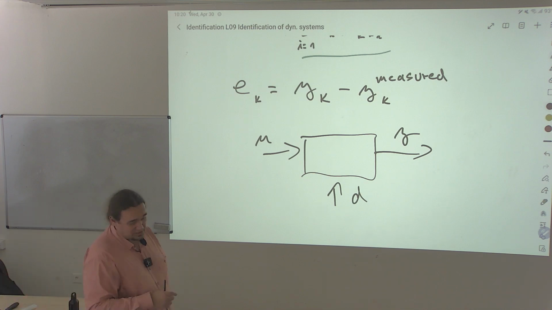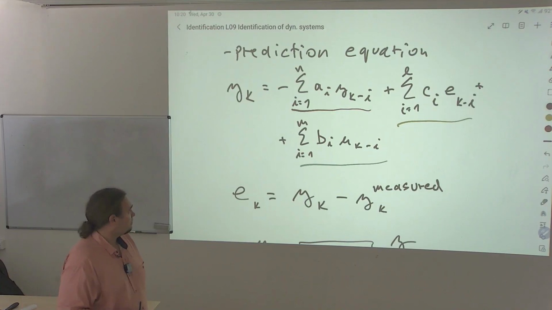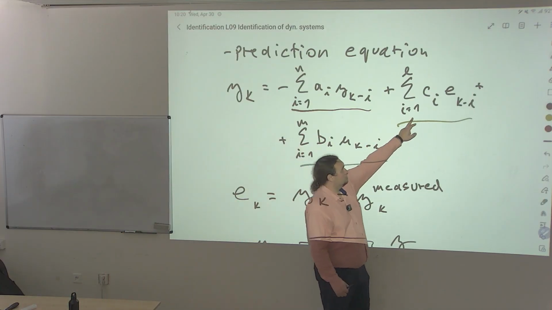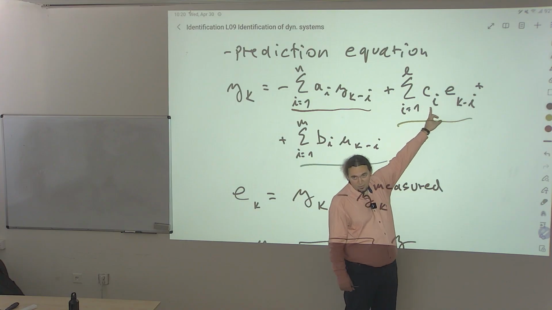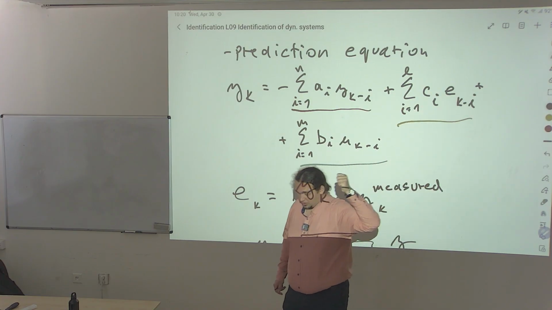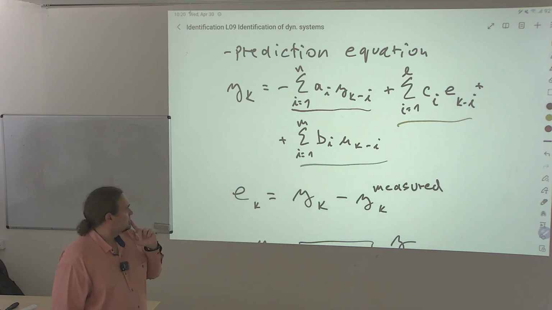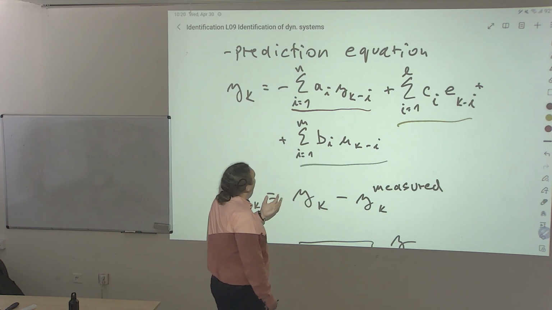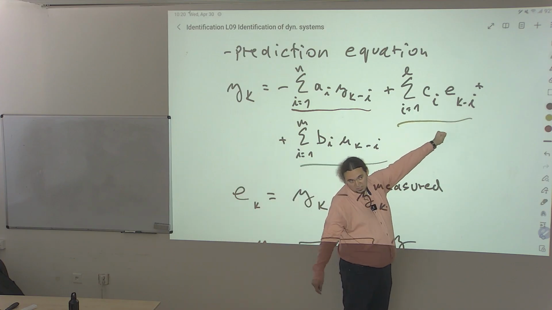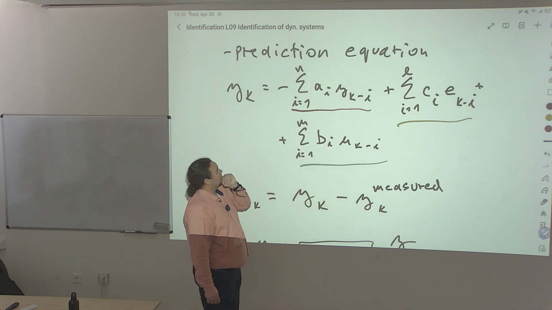It's quite hard to detect, but this model will actually try to detect this and learn some coefficient C that will basically keep the information about the possible disturbances that happened in the history in the past at the plant.